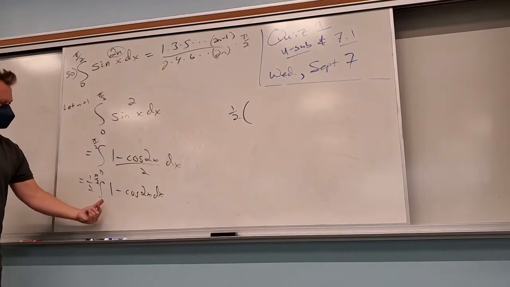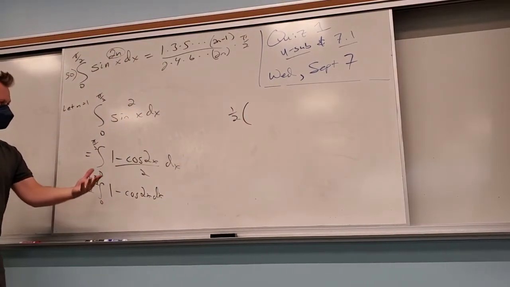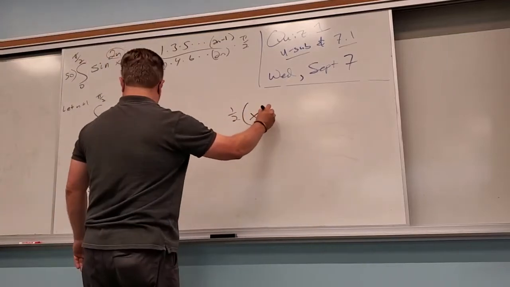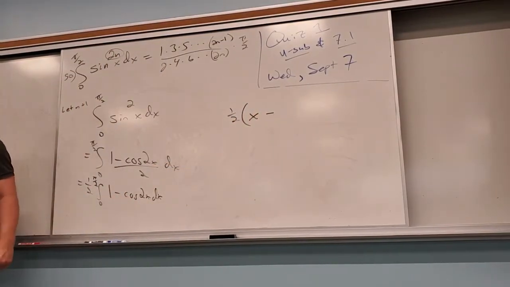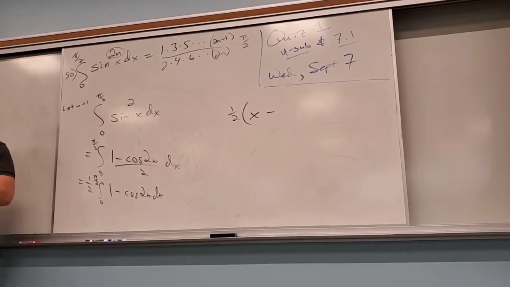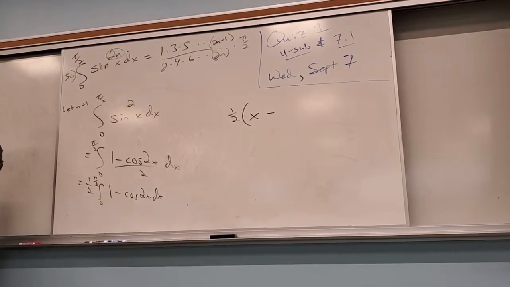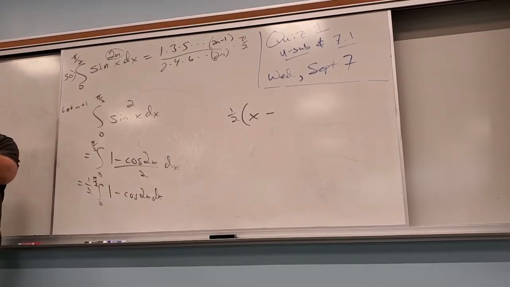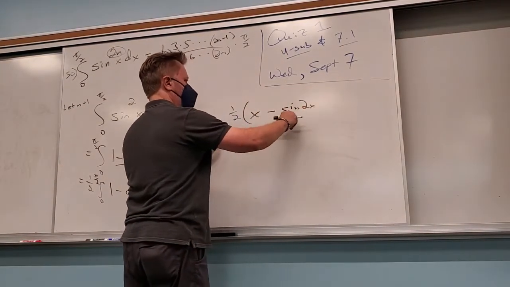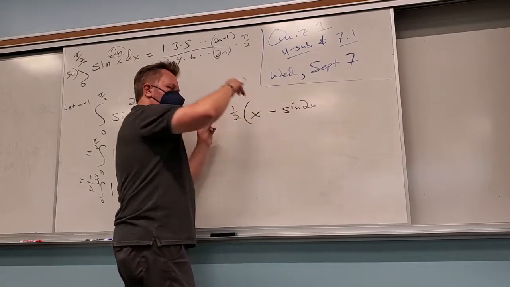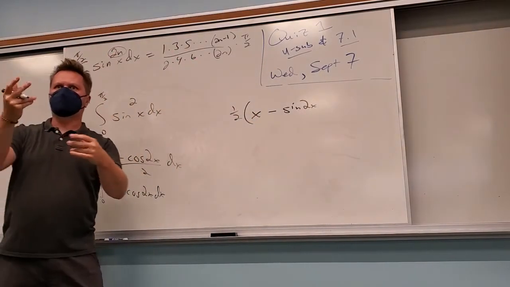So the integral of 1, of course, is x. The integral of cosine of something is basically sine of something, right? But if you think it's sine 2x, you're wrong, because if you take the derivative, chain rule, the 2 comes out. So what has to be there?